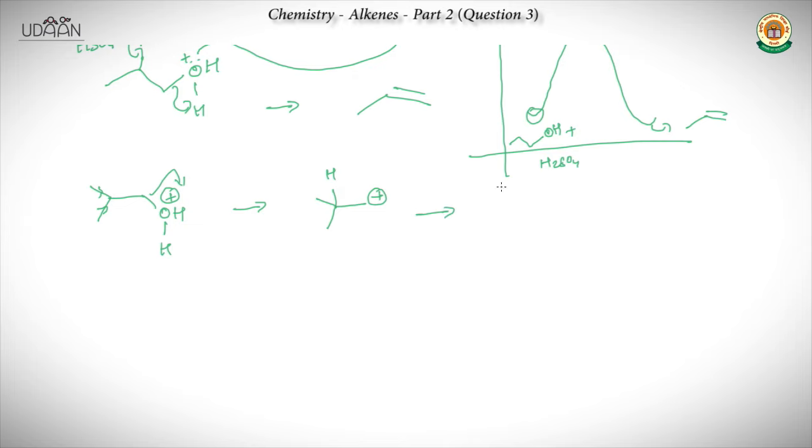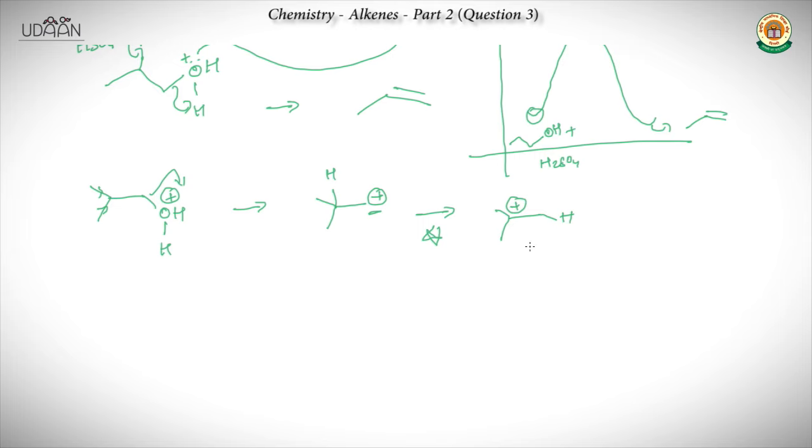First, what happens is, instead of this directly happening, a hydride shift occurs here and you will get a more stable carbocation. See, here it is primary and here it is tertiary carbocation. This is what you have to remember.